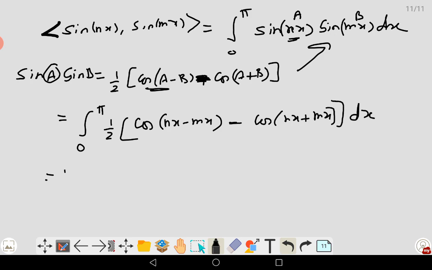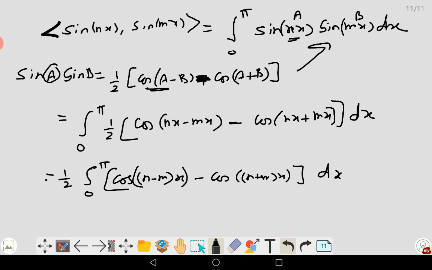So in the next step we will write 1 over 2 integral 0 to pi cosine, the constant is n minus m times x, minus cosine n plus m times x dx.